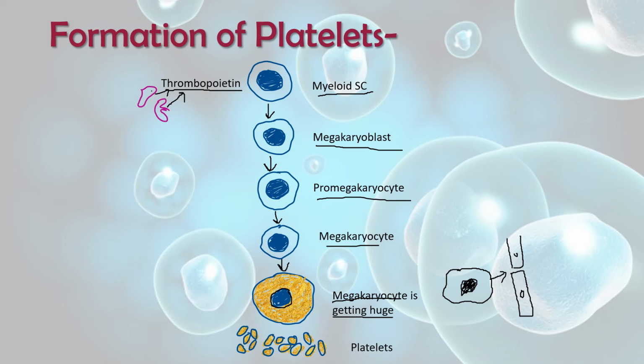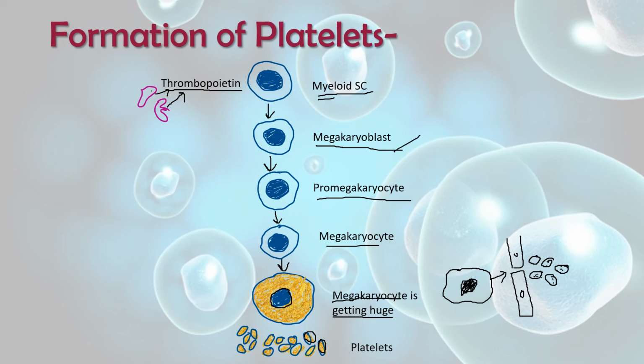These are the cytoplasmic fragments of megakaryocyte. It gets fragmented and forms the platelets. These platelets are nothing but the cytoplasmic fragments of megakaryocytes. So this is the formation of platelets from the myeloid stem cells.